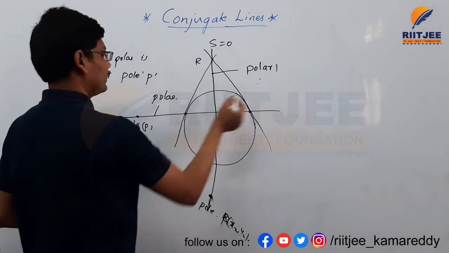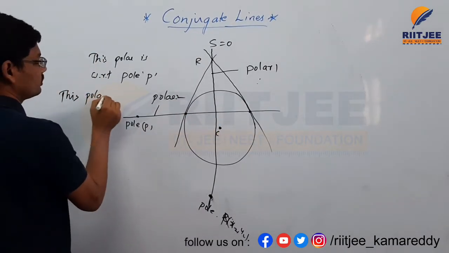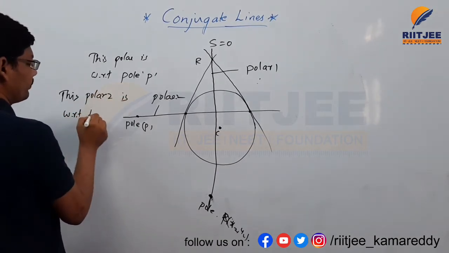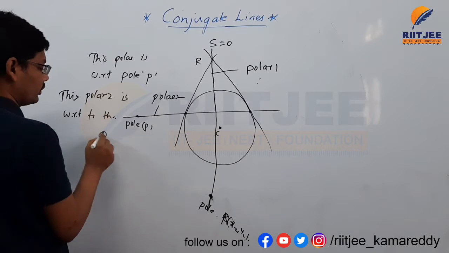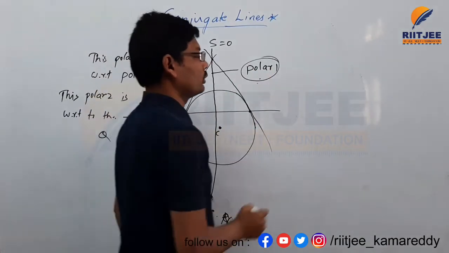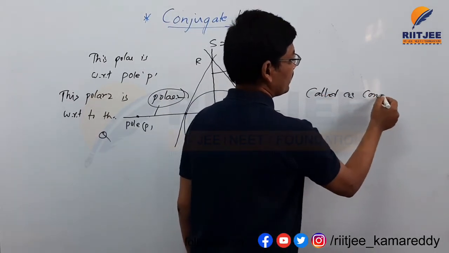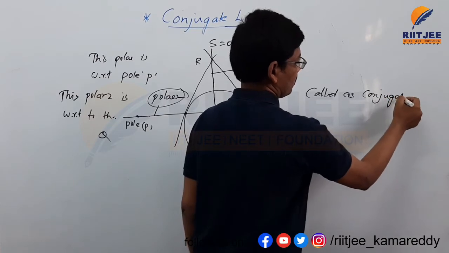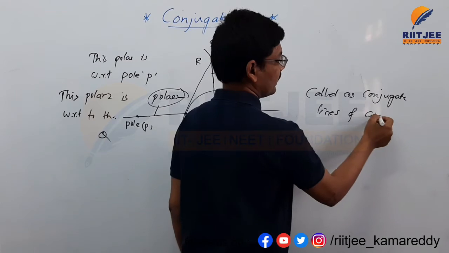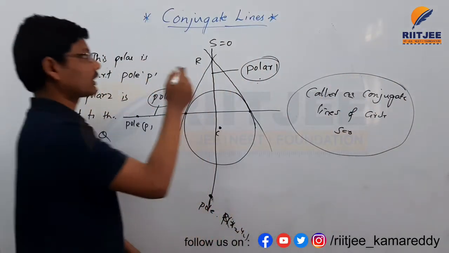This is polar 1, this is polar 2. I am assuming that this polar 2 is with respect to Q here. Then these two polars, polar 1 and polar 2, are called conjugate lines of circle S equal to 0. This is all about the conjugate lines here.